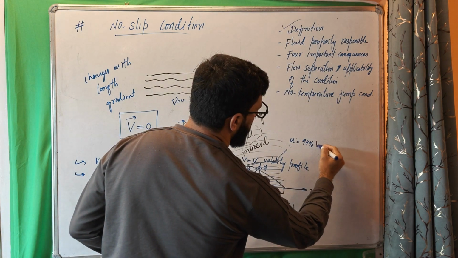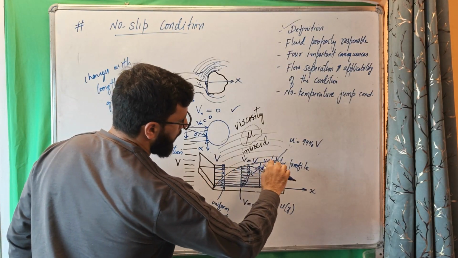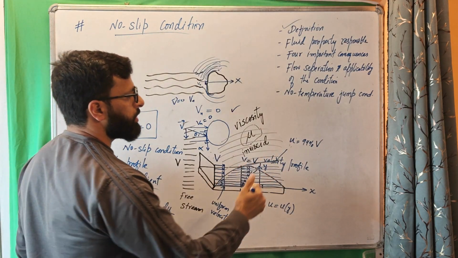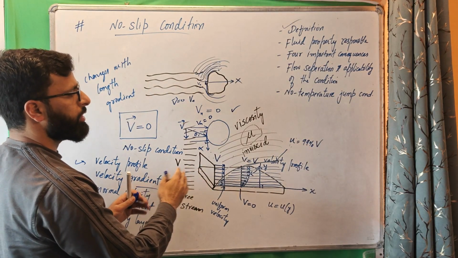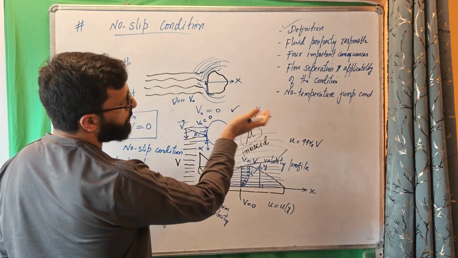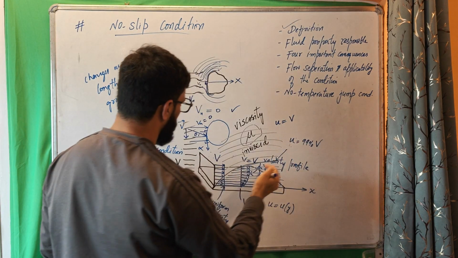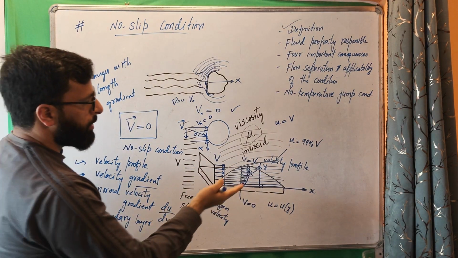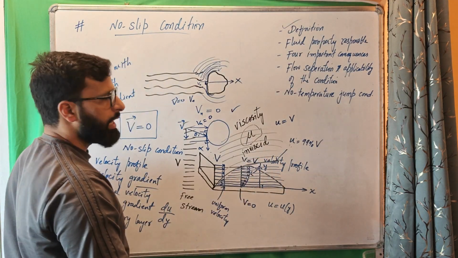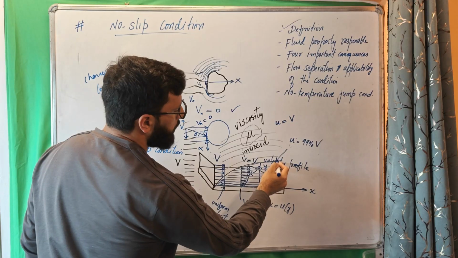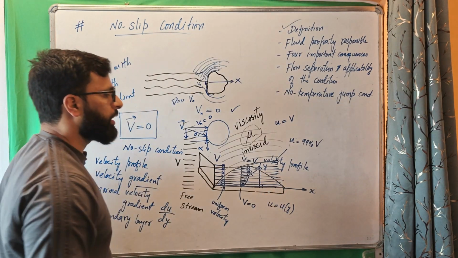So this is the fluid layer whose velocity is 99% of the incoming velocity. That means the layers beyond that will have velocity completely equal to the free stream velocity. But as we go below this layer, the velocity will decrease, and ultimately become zero at this point.